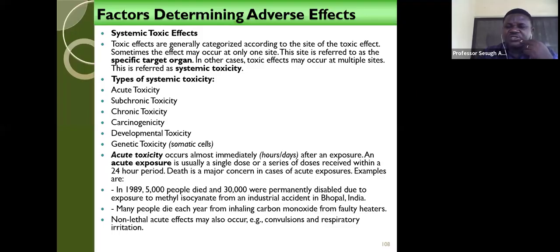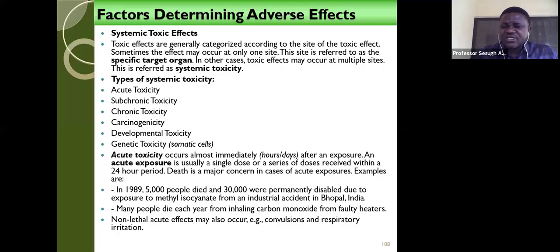Acute toxicity occurs almost immediately, within hours or days after an exposure. So if you are exposed to a chemical or a toxicant, and it manifests within hours or days, then we refer to that as acute toxicity.